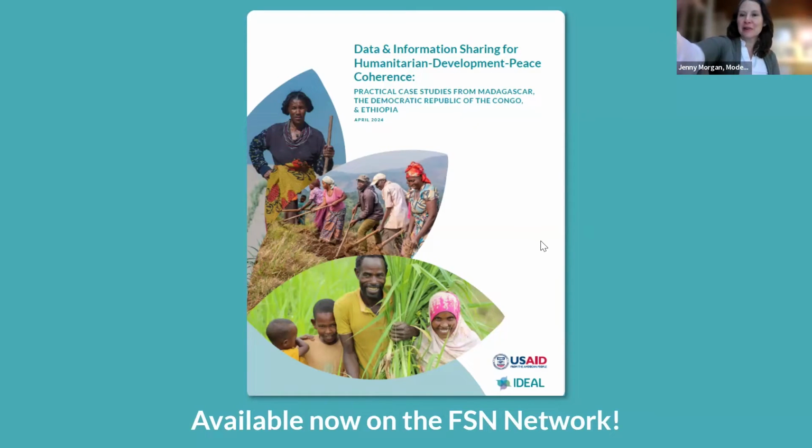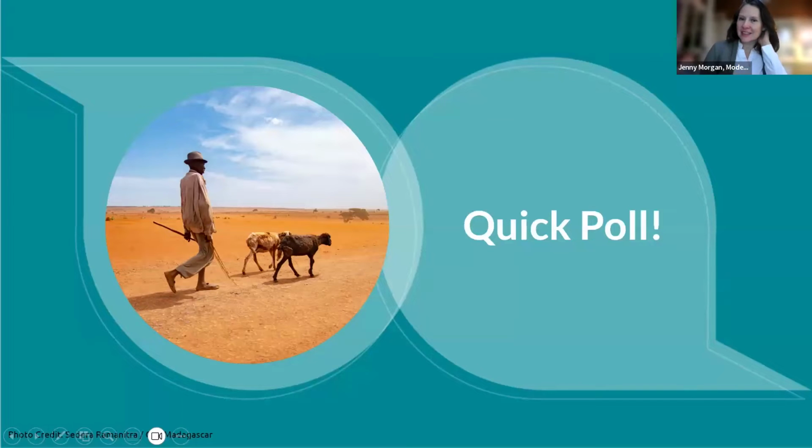Before I introduce the panel, I'd like to just take a minute with the audience and we have a couple quick poll questions here. This is going to pop up on your screen in just a second, but there we go. So this first question here is about what potential benefits you see in sharing data and information to improve HDP coherence.